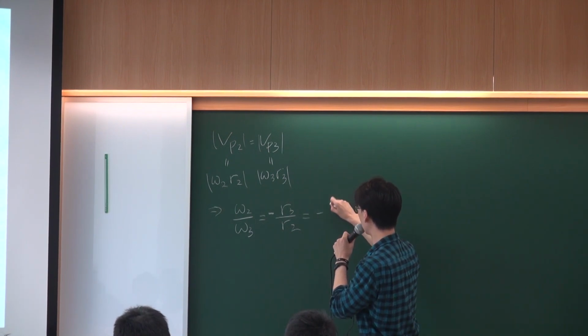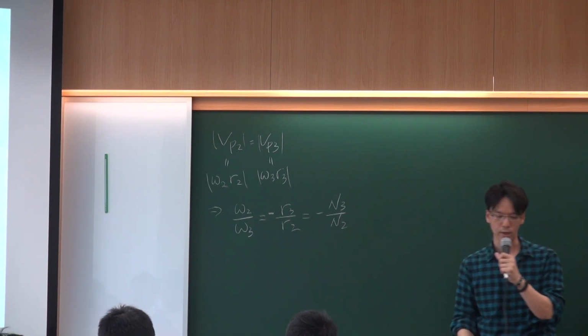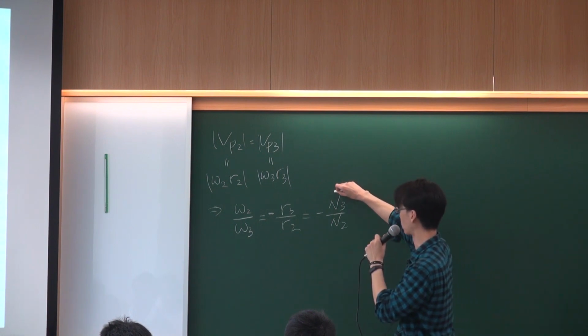In order to make a pair of gears mesh, we need to make sure the teeth size is the same. If the teeth size is the same, then the number of teeth is proportional to the radius. The larger the gear, the more teeth it must have. So that's the number of teeth.